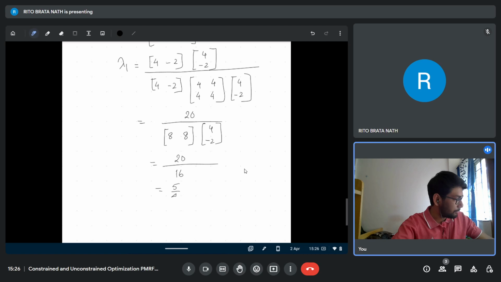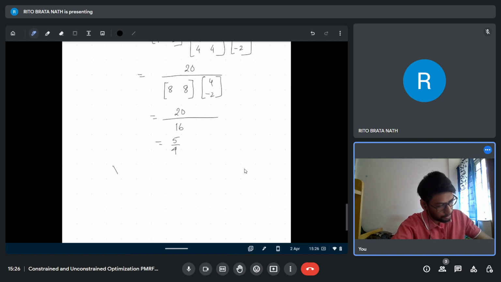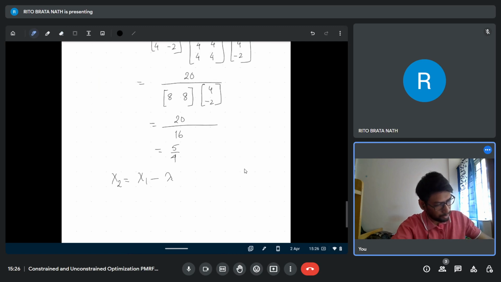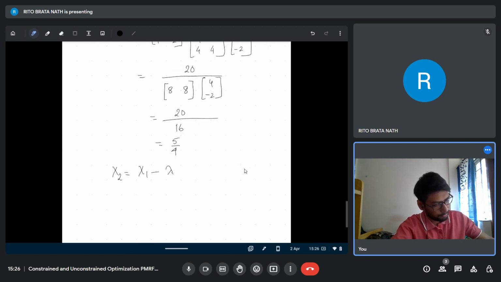Now we want to find out the x2 value. So x2 is x1 plus lambda times S1, in the negative direction of the gradient.